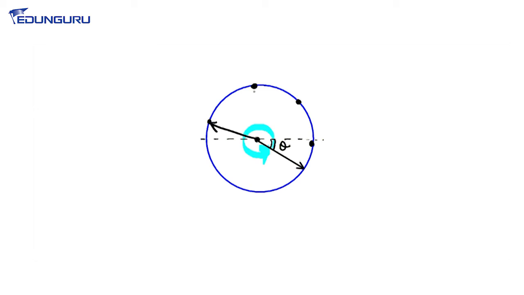The tip of the electric field vector is lying on this circle only. So, we say that the light is circularly polarized. So, this is an example of circularly polarized light.